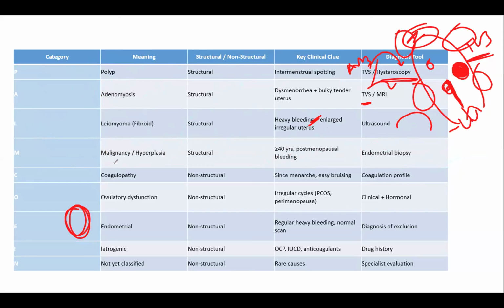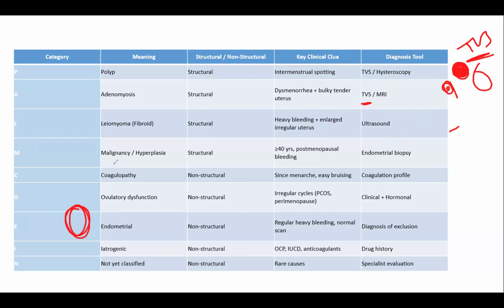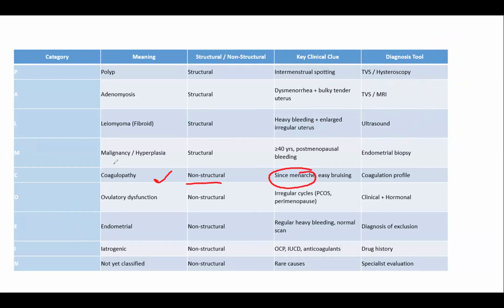Now coming to the COIN. What is C? C is coagulation abnormality. That is coagulopathy. That is non-structural. See, if this coagulopathy is the reason, non-structural, will it be suddenly appearing at 40 years? No, right? Because the patient has this coagulation abnormality since menarche. So they will have symptoms since menarche.